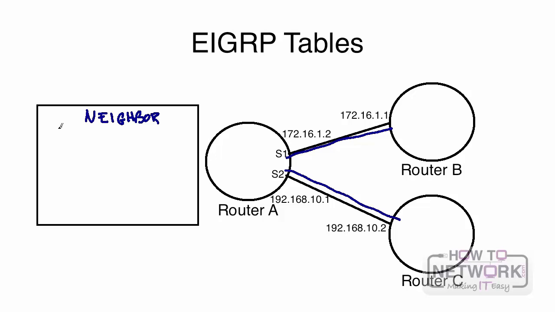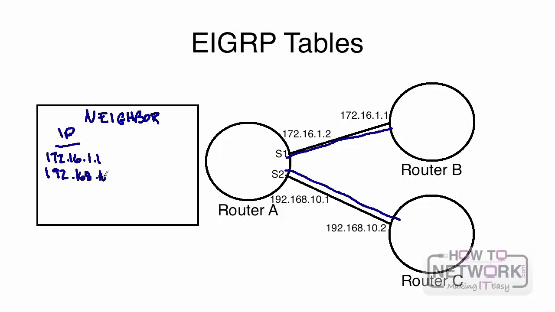So once that happens, router A begins to build out its neighbor table by identifying each neighbor by IP address. So for example, router B is 172.16.1.1, and he gets placed into the neighbor table. And then router C is 192.168.10.2, and he is placed in the neighbor table as well.